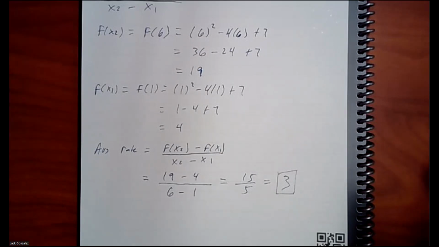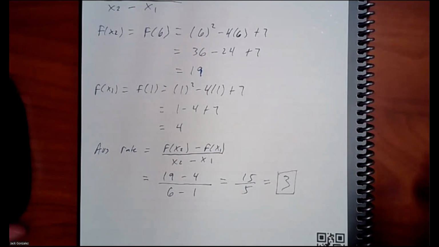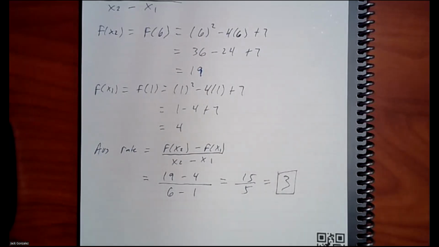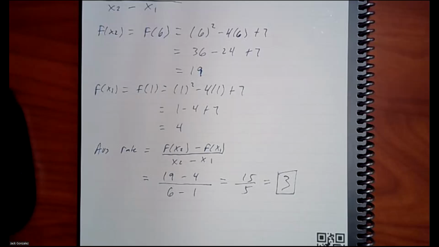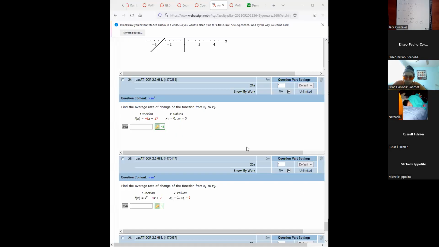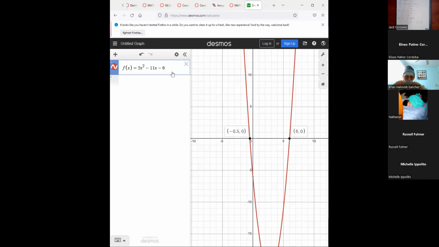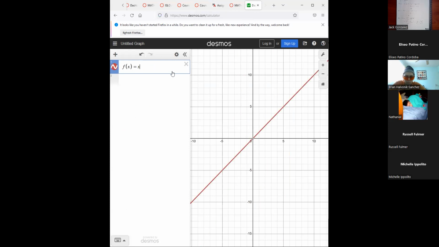So that's how you find it, but what does it mean, right? The work itself is just a formula, but let's look at a graph and see what's going on. We have x squared minus 4x plus 7.